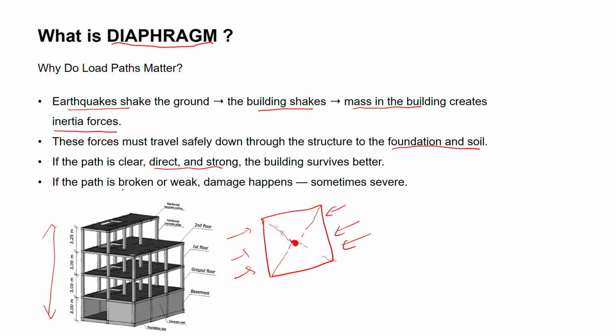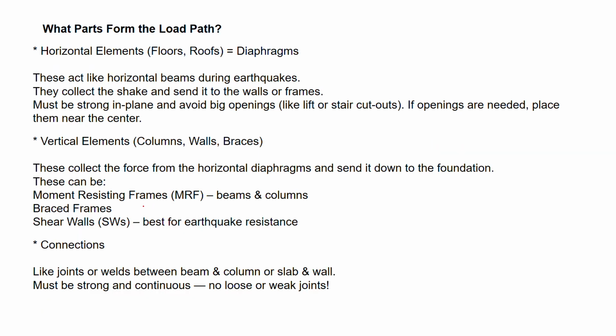If the path is broken or weak, it may damage the building. Imagine the load is not transferring to these areas: it will damage this column. If this is not transferring to this one, it will damage this slab. That is how it works. So you should be very careful whenever you construct a building.